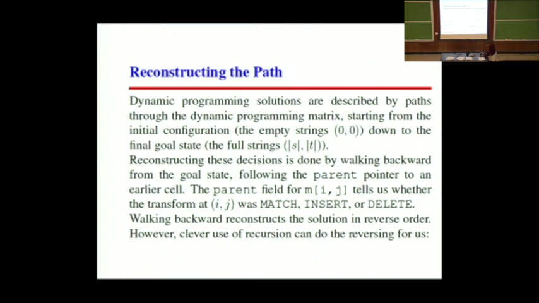So how can we reconstruct what the path is? The easiest way to do it, conceptually, is to start at the bottom corner of our matrix, where our goal statement is, and keep following the parent pointers back. Does everybody see that? It's actually kind of interesting. To fill out this similarity matrix, it took n times m boxes.